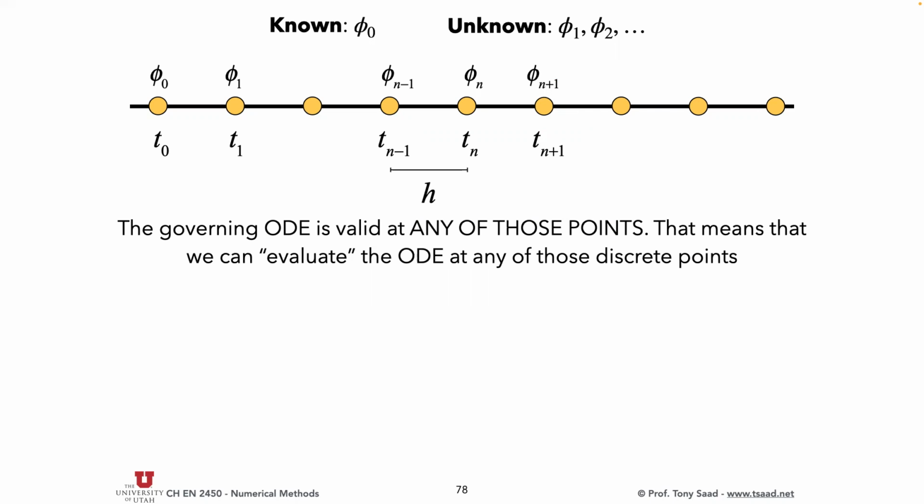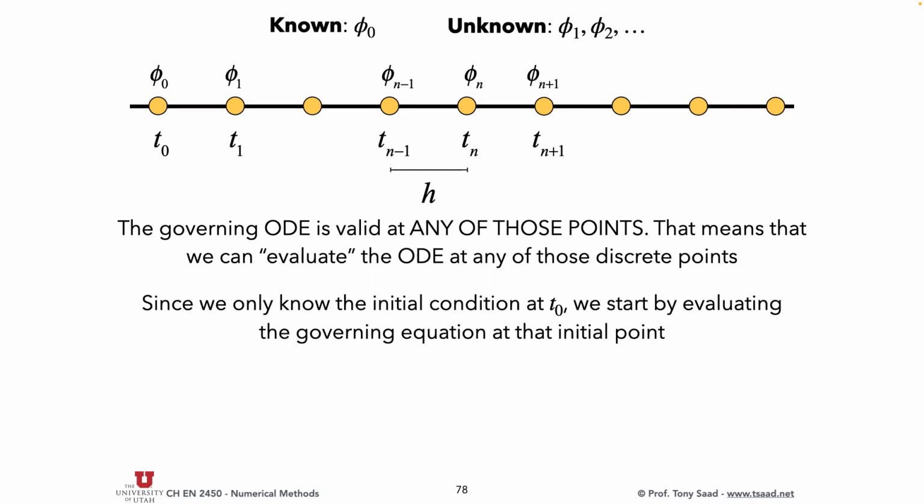What I mean by valid is you can take that ODE and evaluate the derivative and the right-hand side at any time t in that interval. That also means that this ODE is valid at any one of those discrete points. So keep that in mind.